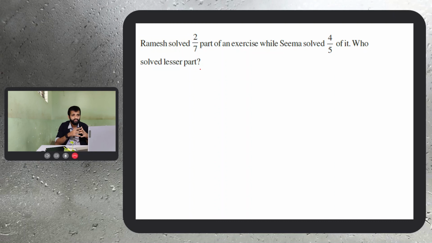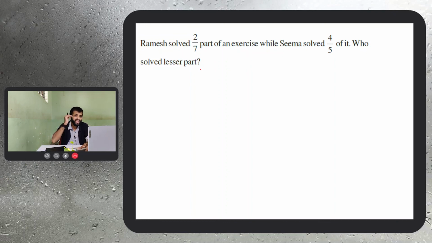Now, if it was just that Ramesh solved 7 problems and Seema solved 5 problems, you could immediately tell who solved the least, right? If they were whole numbers. But in this case, it is a fraction. So how do we actually tell who has solved the lesser one?